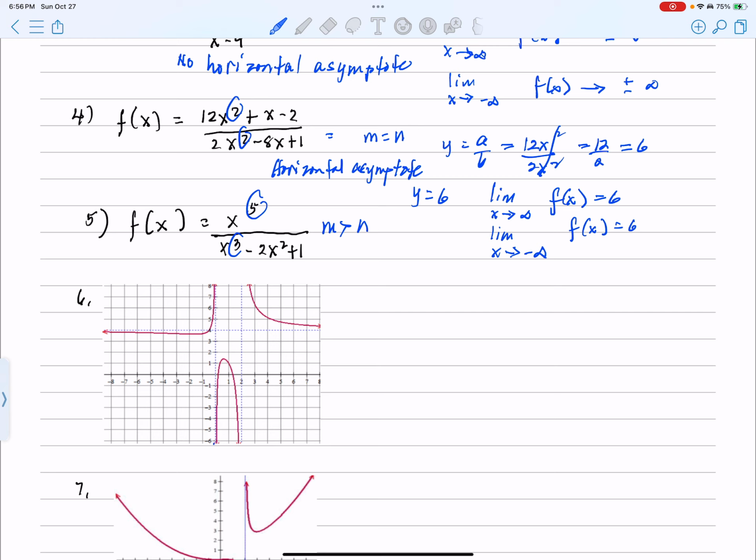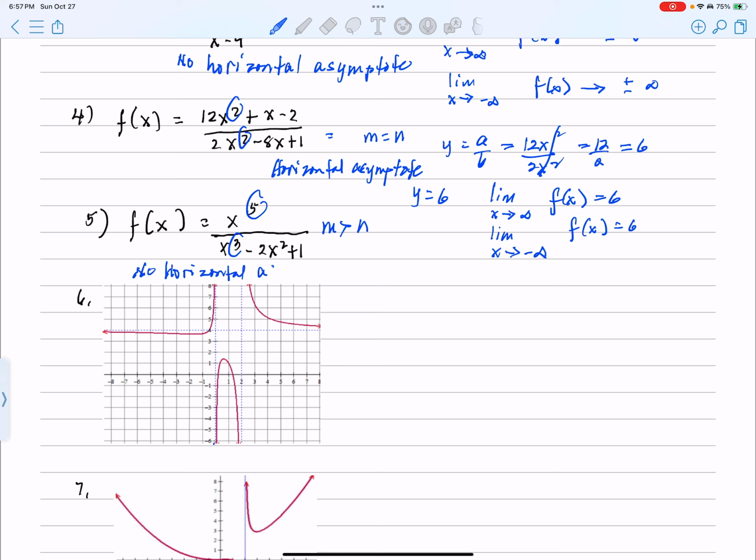What case would that be when it's greater? Case number 1. When m is greater, do we have a horizontal asymptote here? We have no horizontal asymptote.